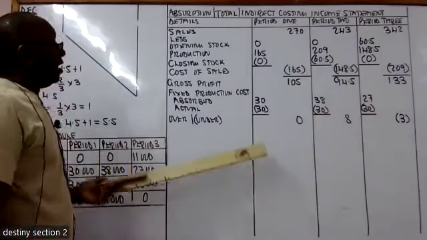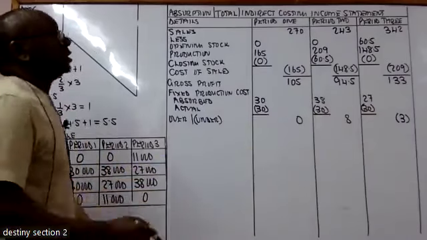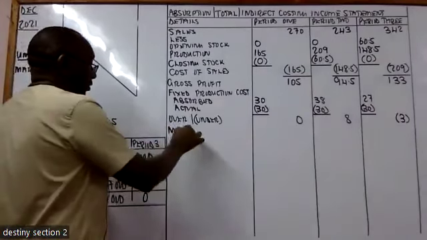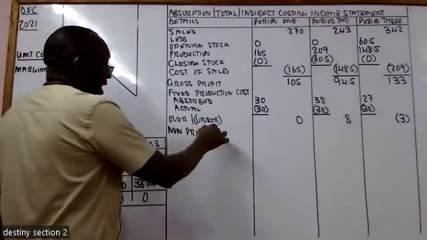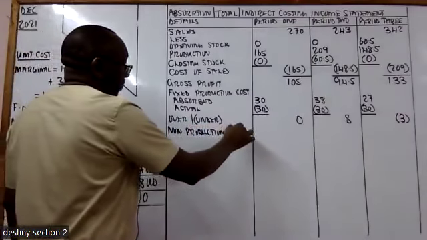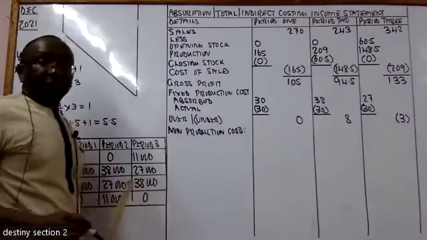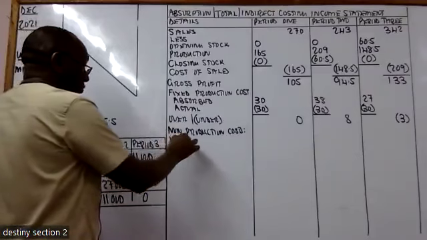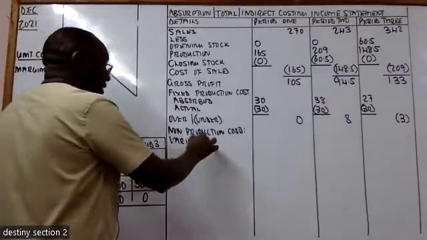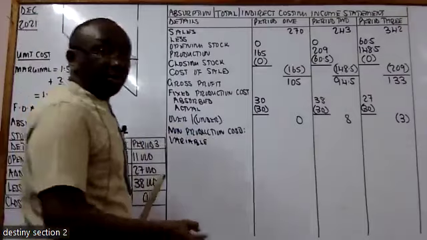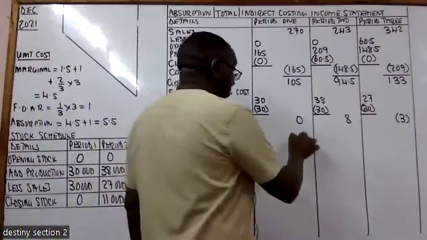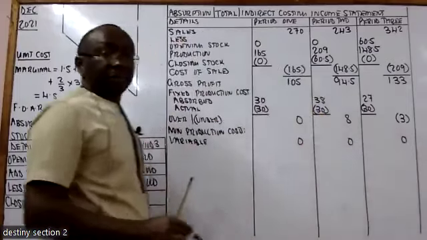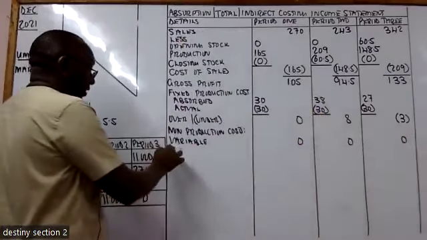After you are done with the fixed production costs, you now bring the non-production costs. And in these non-production costs, you begin with the variable. Now the variable ones, we know in this question they are 0. Lakini kama zingekuwa, you would have put them there. Then you bring the fixed.